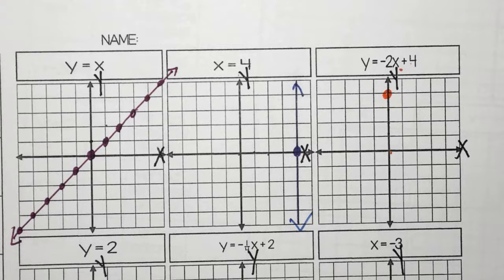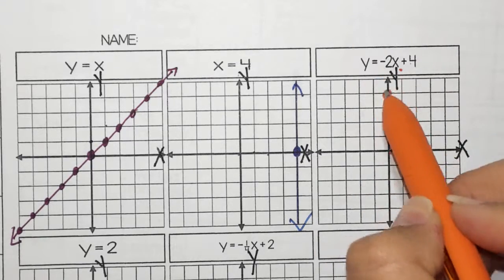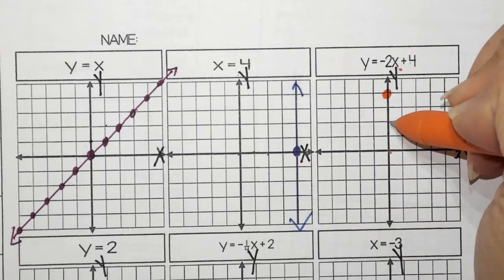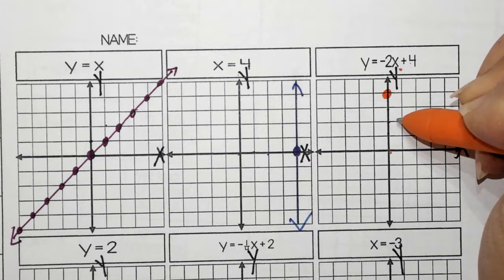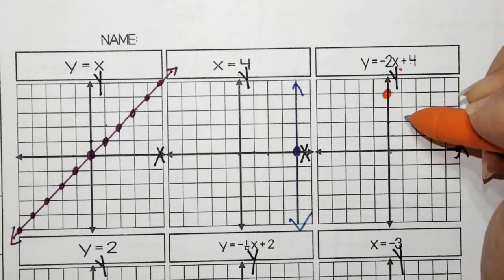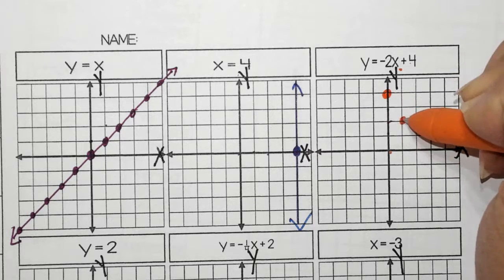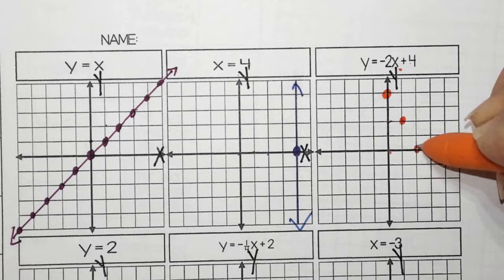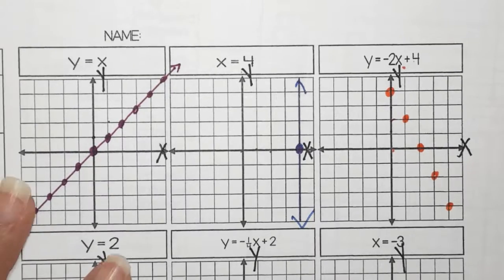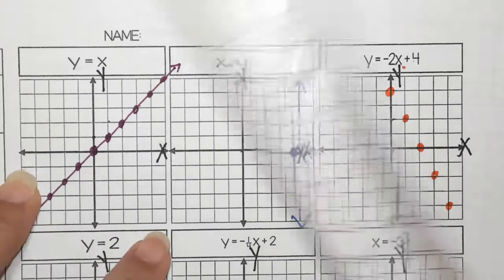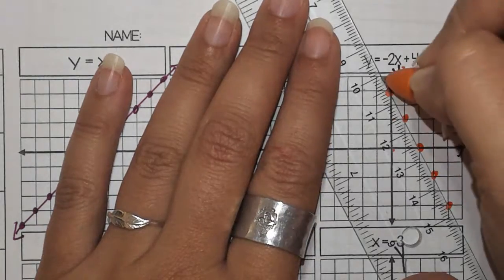So would I go up or down first? Is it positive or negative? I'm going to go down 2. Yep. And then over to the right 1. So we went down 2, right 1, down 2, right 1, down 2, right 1. Mackenzie, take a point for your team.